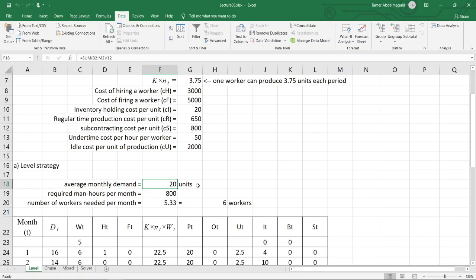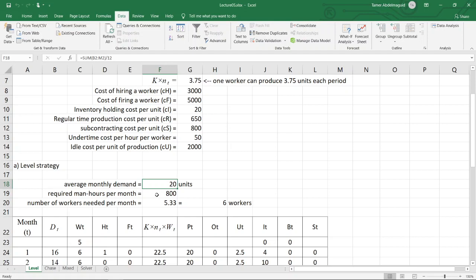So this means, if I'm planning for a fixed workforce, then I might need to use this average monthly demand value to estimate the production capacity level, which is represented by the number of workers.